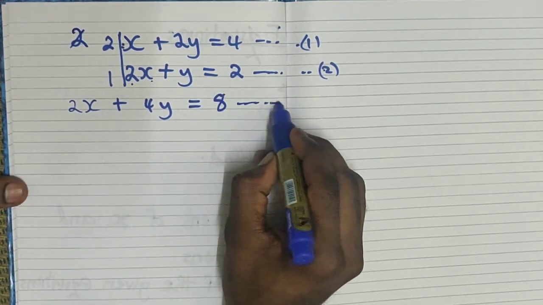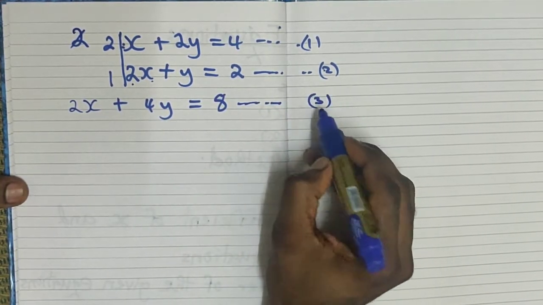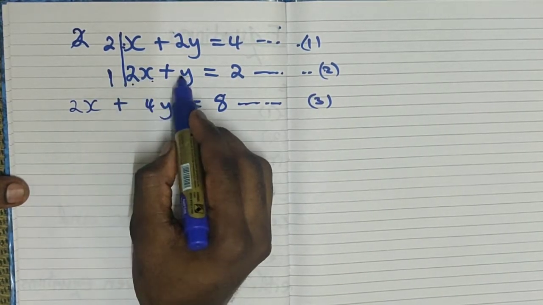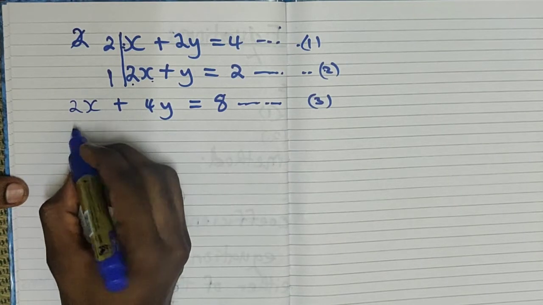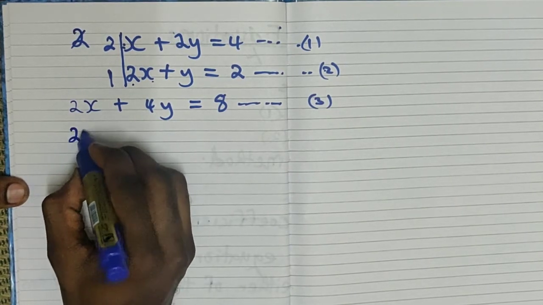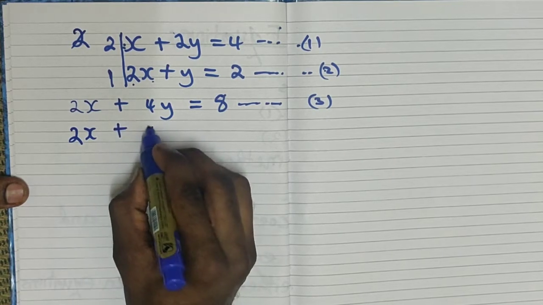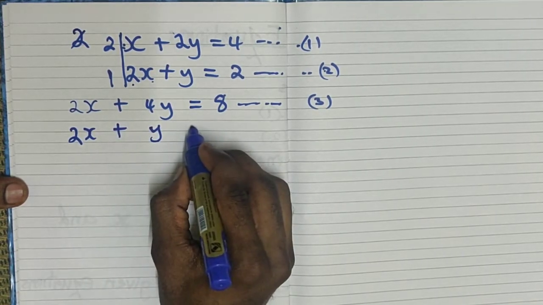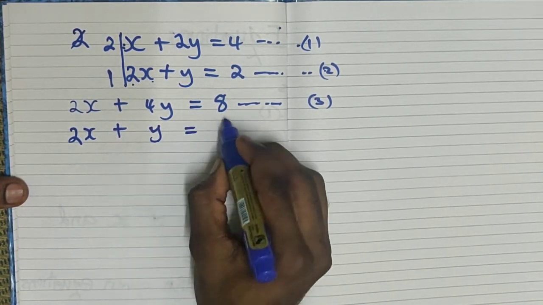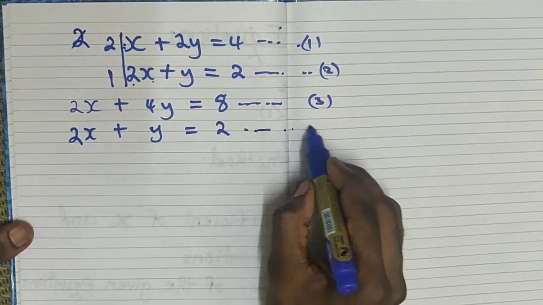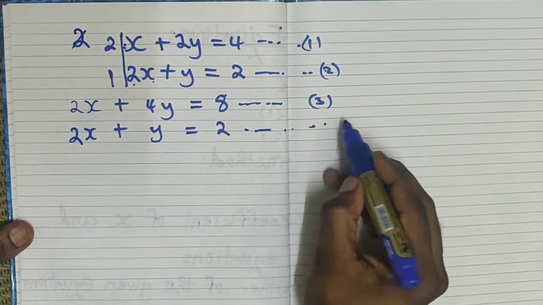Let's name this equation 3. And 1 times the second equation is the same, which is 2x plus y equals 2. Let's name this equation 4.